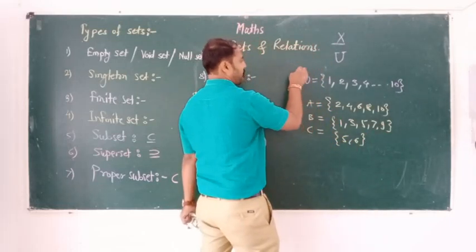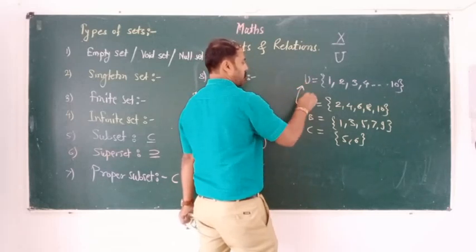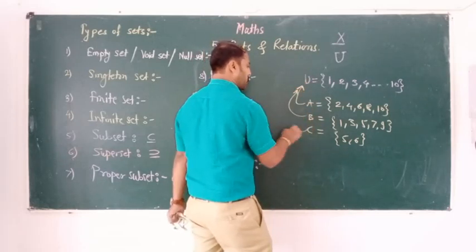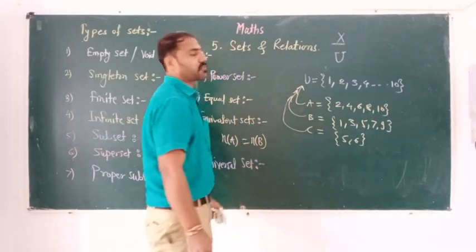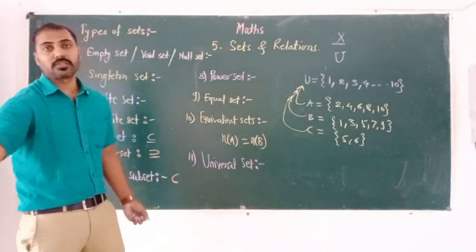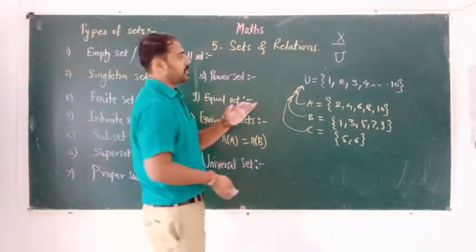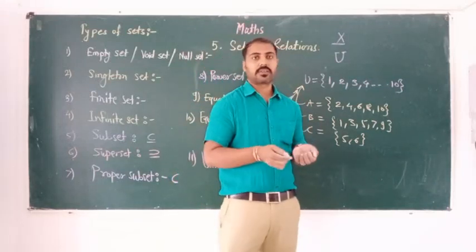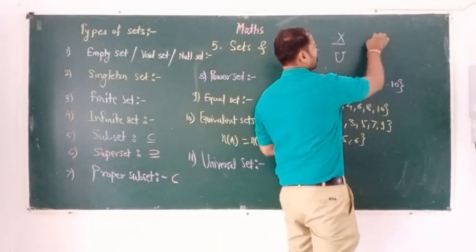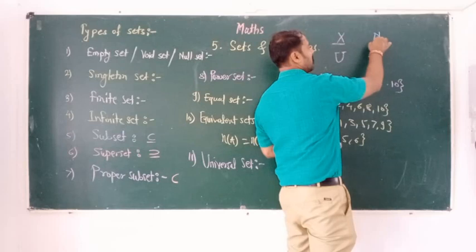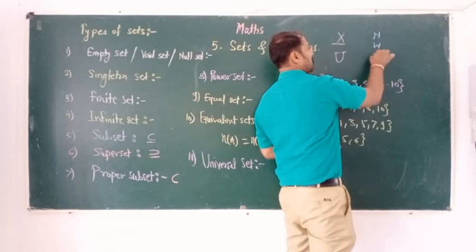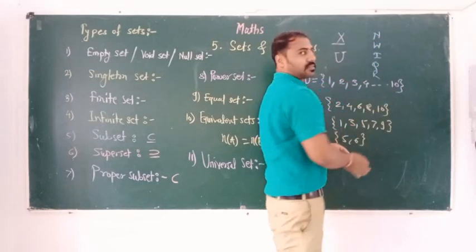For this example, A is subset of U, B is also subset of U, and C is also subset of U. So that set U is called as universal set. For universal set, we consider natural numbers, whole numbers, integers, rational numbers, real numbers.